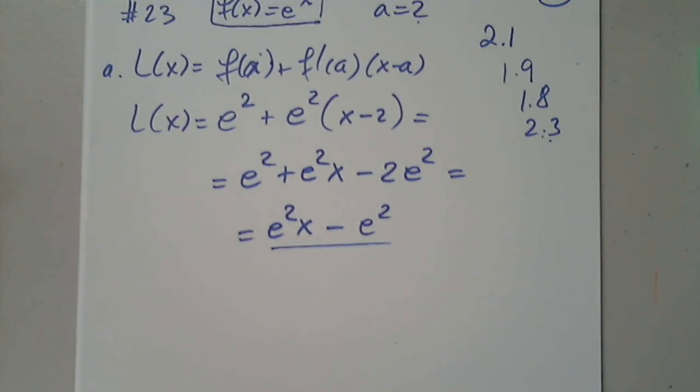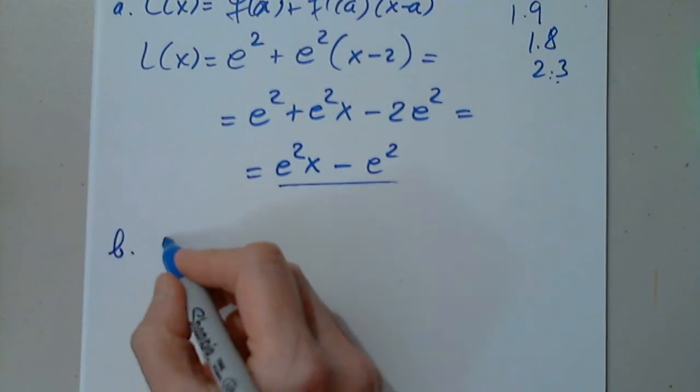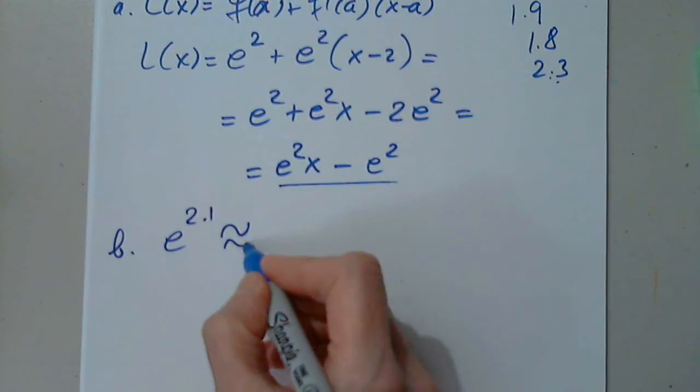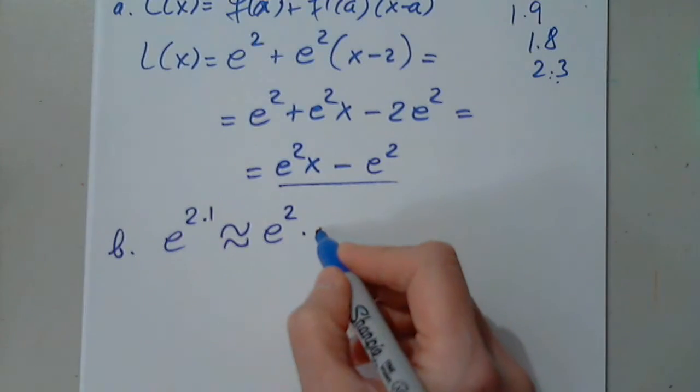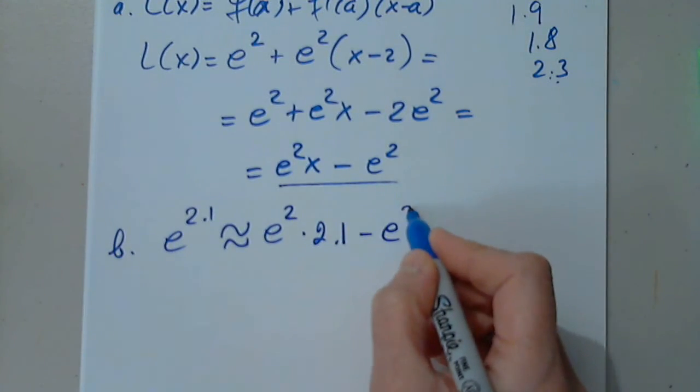Okay, perfect. Now part B. Use the linearization to approximate e at 2.1. Okay, fine, no problem. So e at 2.1 is approximately e squared times x, 2.1, minus e squared.